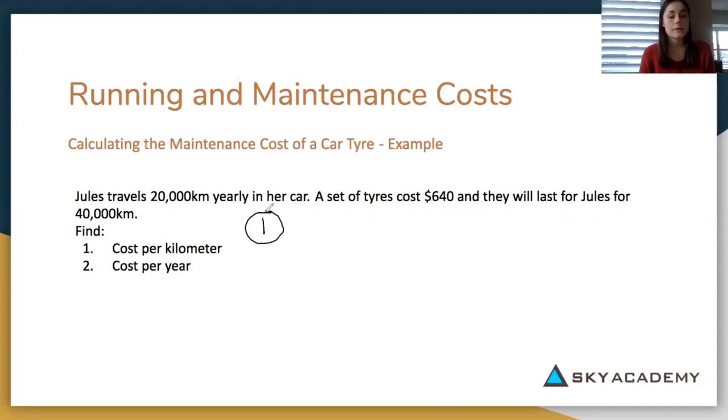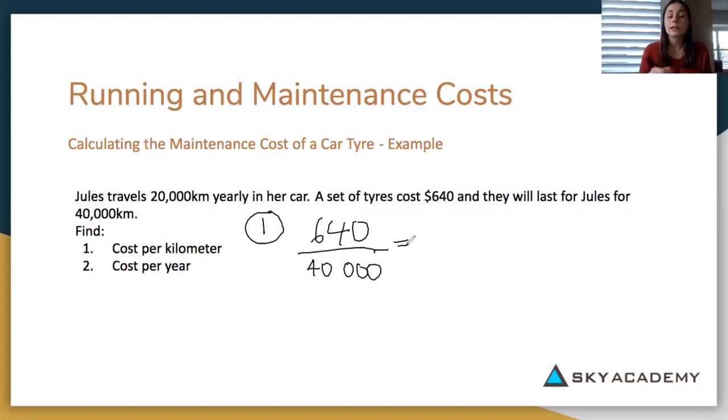So we have to figure out the cost per kilometer. And so if it costs $640 for 40,000 kilometers, if we divide the two, it will give us for 1 kilometer. So all up, 40,000 kilometers cost $640.